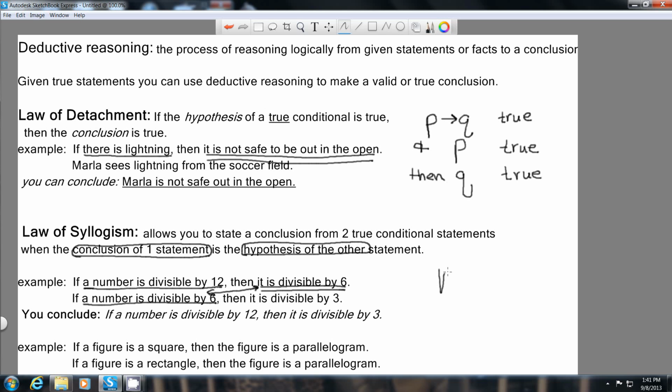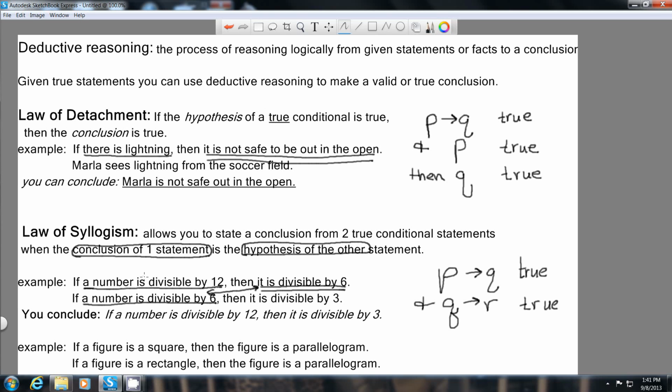If P then Q is true, and Q then R, and I'm going to put that little tail on there to make that look more like a Q. Q then R is true. R just being the conclusion of the second statement.